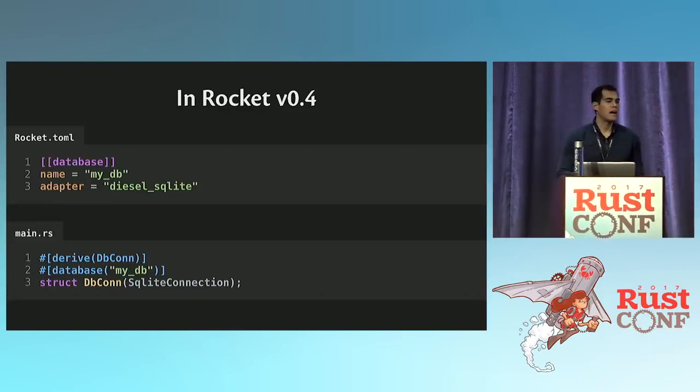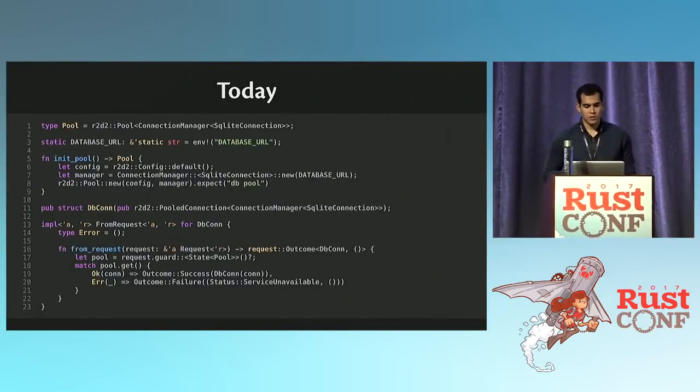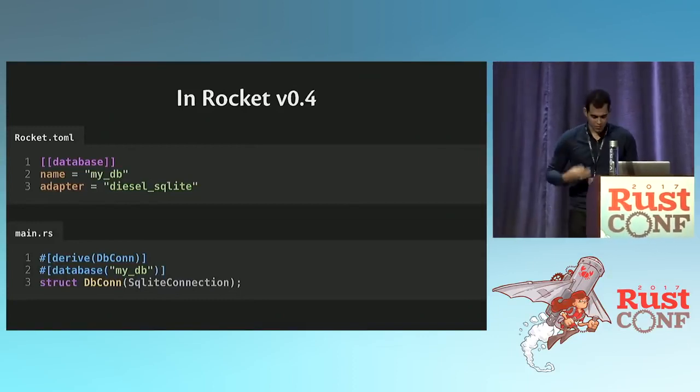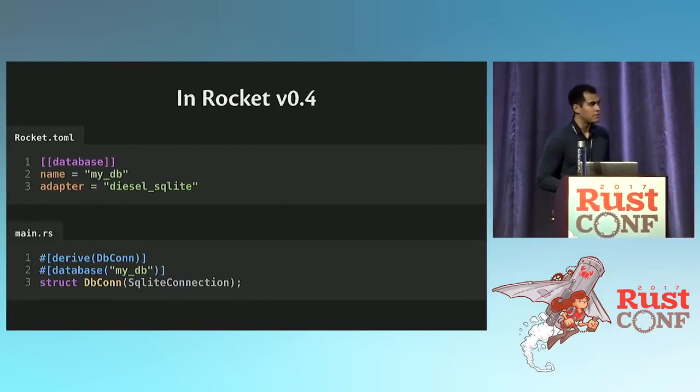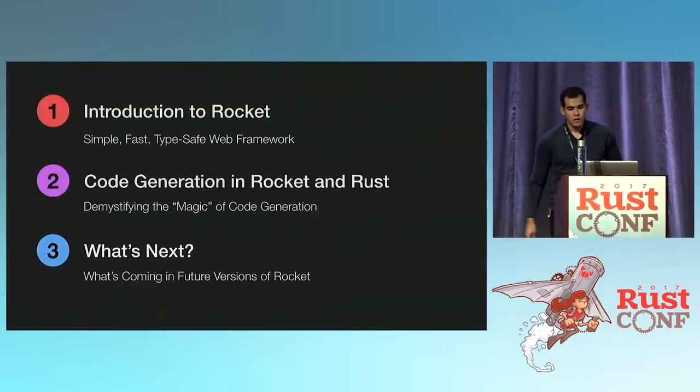And then you can just use that type as a request guard in your code. And so it really is taking something very big to something very small to make things really nice and easy to use. Again, we really want to get rid of this boilerplate, but we still want to keep type safety. So that's all I have to say about what's coming next.